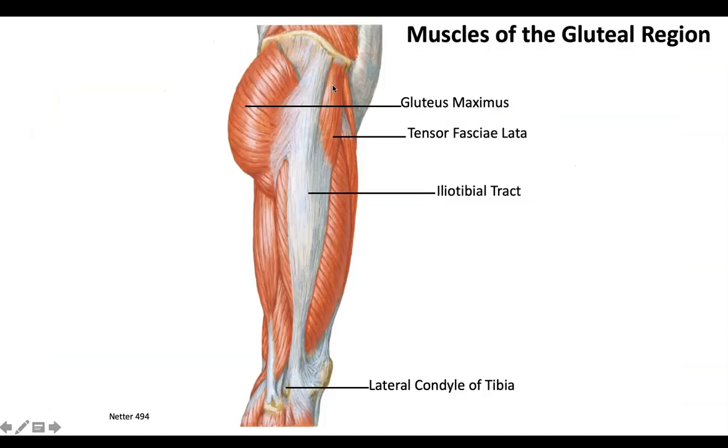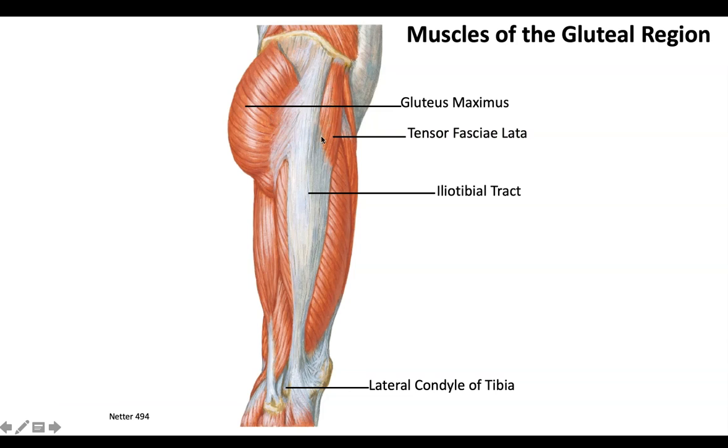The tensor fascia lata is another superficial gluteal muscle. It is approximately 15 centimeters long. It has its proximal attachment to the iliac crest and anterior superior iliac spine, and then it descends. This muscle lies anteriorly and laterally, but it is included in the superficial gluteal muscles.